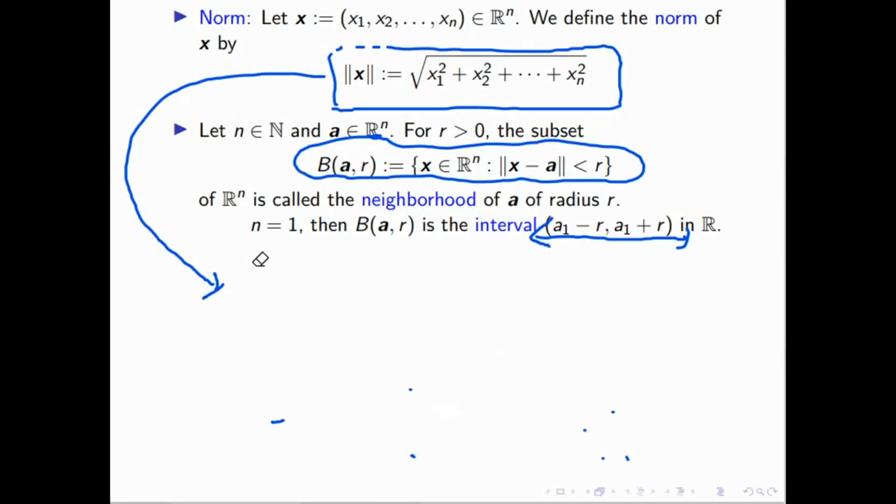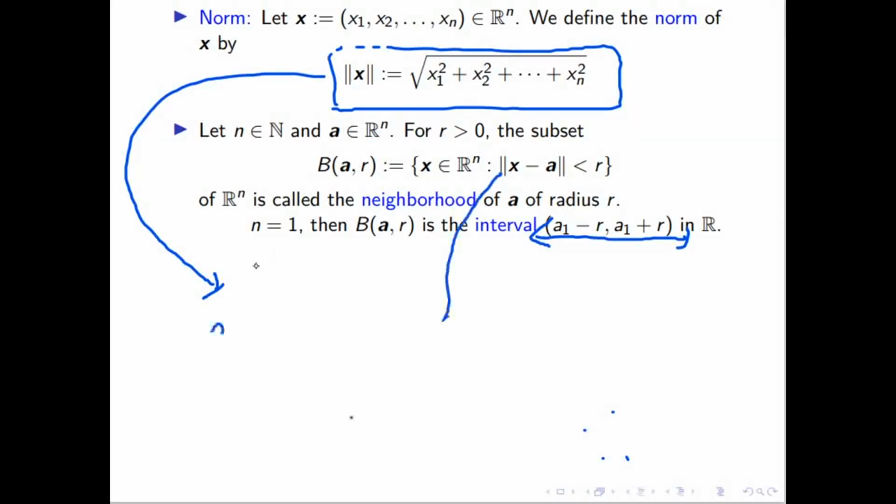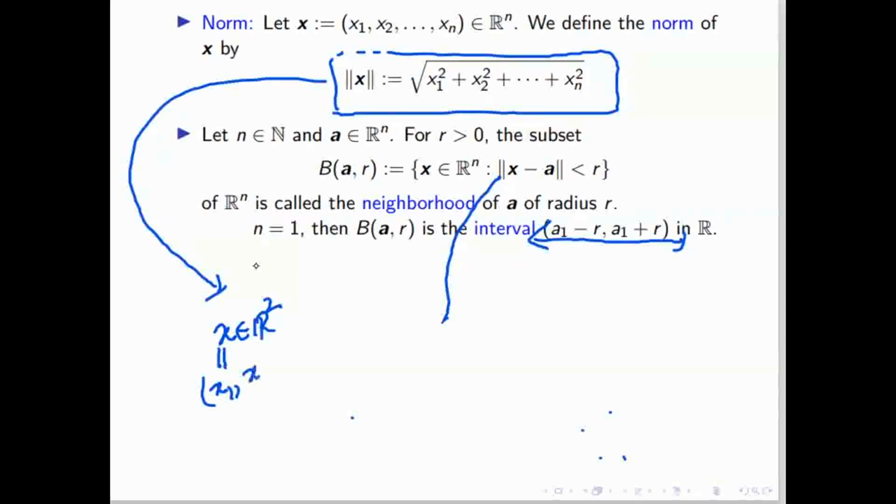So in R2, how will this x look? x1 comma x2, two components. So I'm just solving this one. Suppose we are in R2, x belongs to R2. That means x has two components, one is x1, one is x2. Then a also has two components. So I'm putting x as x1 comma x2 minus a as a1 comma a2.